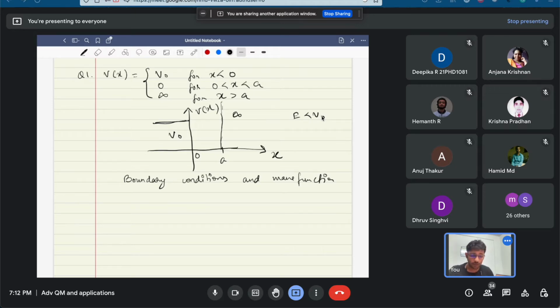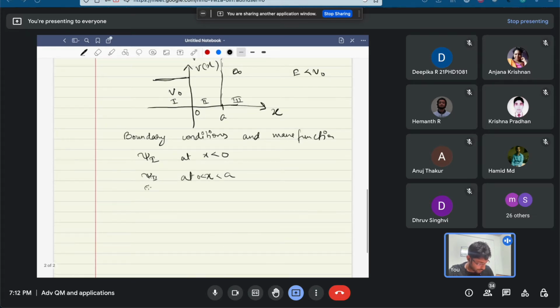Now, first thing is, at a we have an infinite potential. So we have three regions here, which I'll mark with 1, 2 and 3. We have psi 1 at x less than 0, psi 2 for x from 0 to a, and psi 3 for x greater than a.